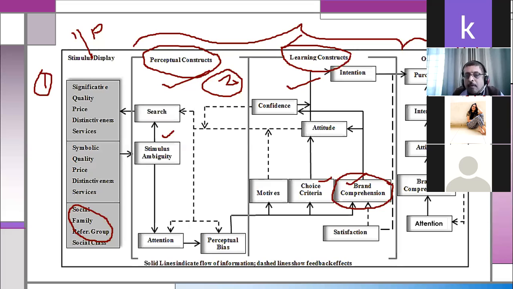Titan, sir. Very good. Okay. So I think this has to do with your Howard Sheth model. Pradeep, come to the second slide.